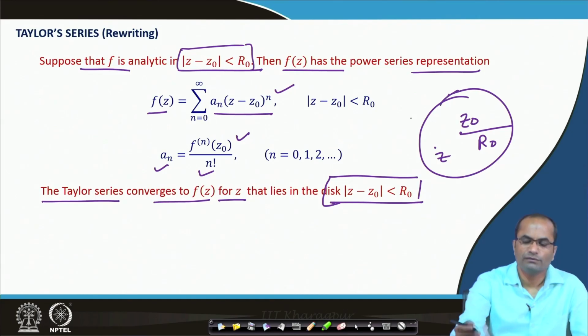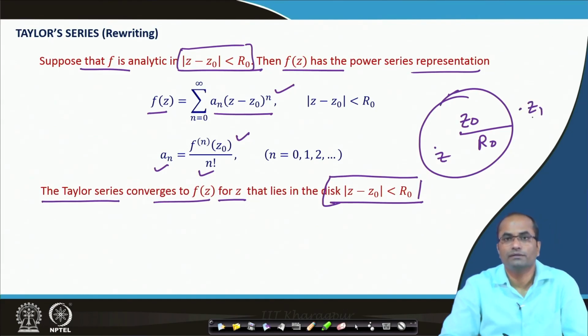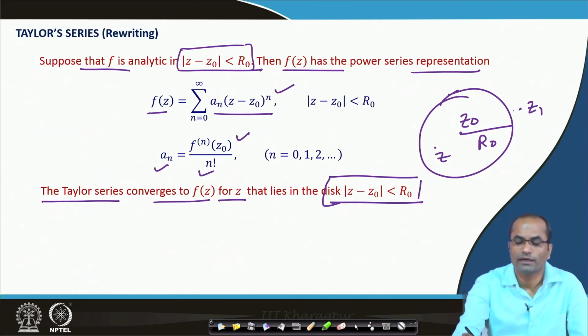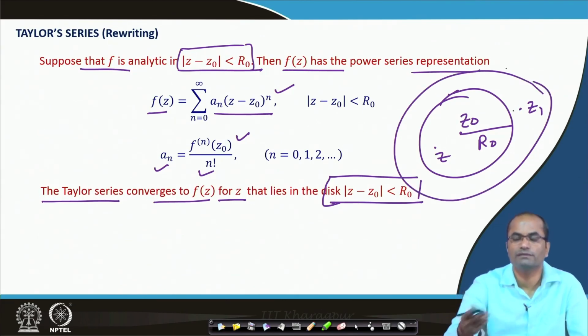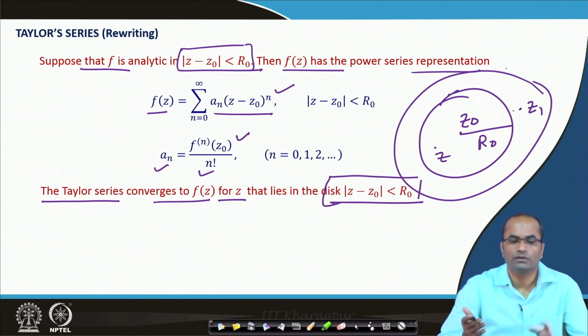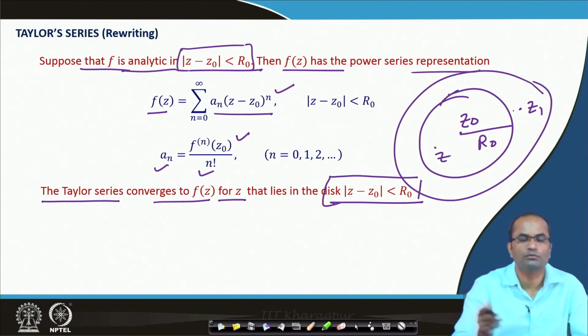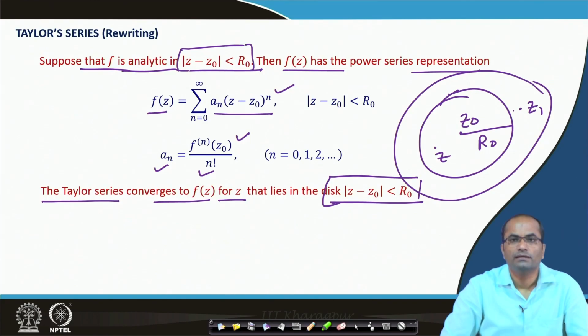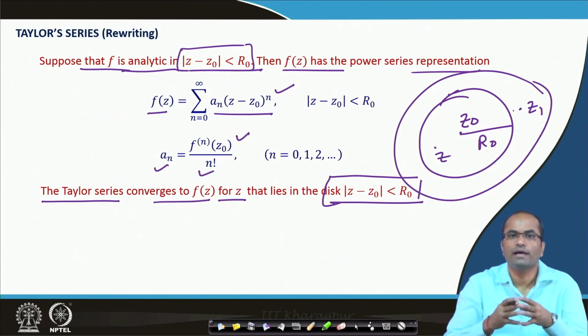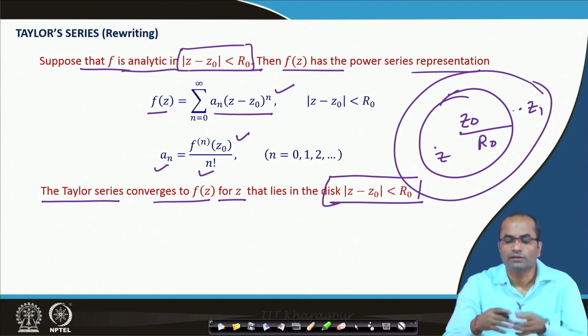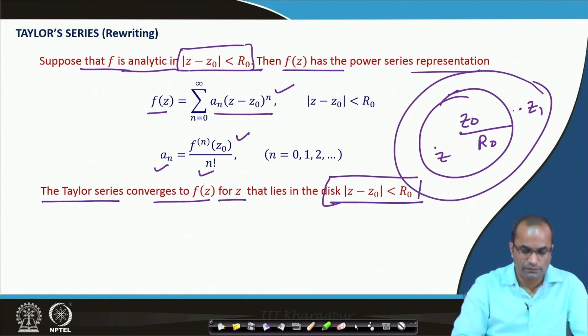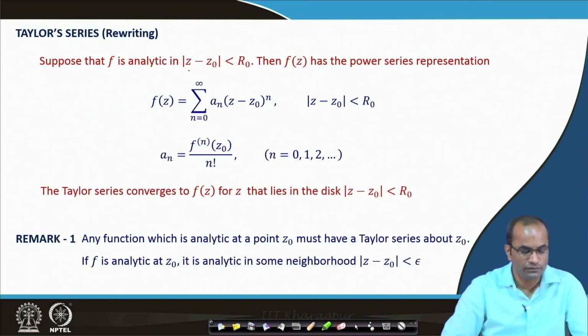So, in the next lecture we will observe that as soon as we find a point here where the function is not analytic, we cannot go beyond this, we cannot cross that point, because the condition here is that f(z) has to be analytic inside that disk with radius r0. So, the whole region should not have any point where the function is not analytic. That we will discuss a bit more in detail in the next lecture.